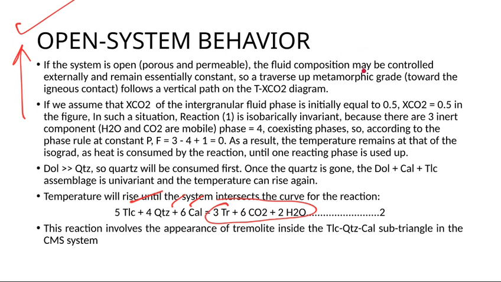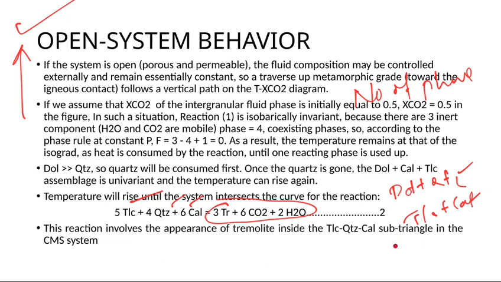So now the number of phases: dolomite plus quartz, talc plus calcite. So there are four phases, P is equal to 4. Component is equal to how many? Anyone?